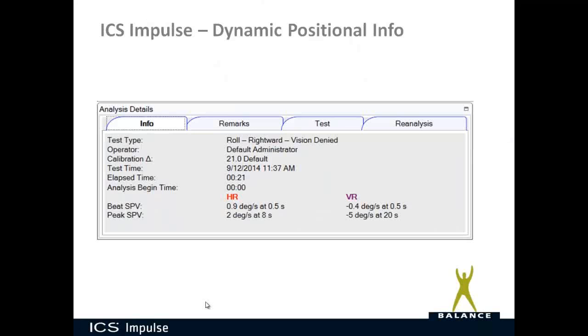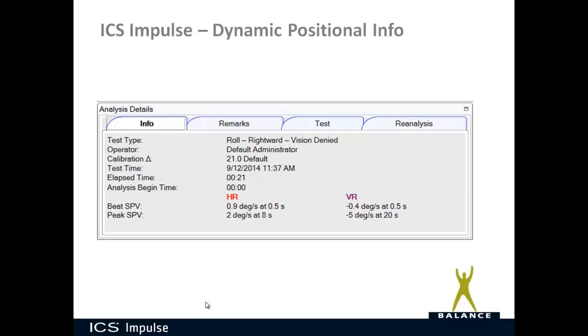So in the info tab, it tells you the test type. So it's roll, it was rightward, vision denied, the operator, the calibration, test time and date, how long the test was, the elapsed time, the analysis begin time. So in that trace that I showed you, the full trace was analyzed, so the analysis begin time is 00. But let's say that when I moved the patient, I had a big blip or something that I didn't want included at the beginning.